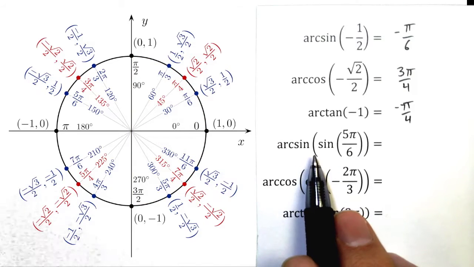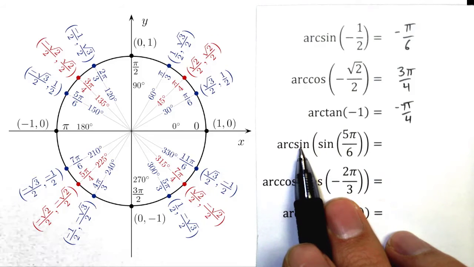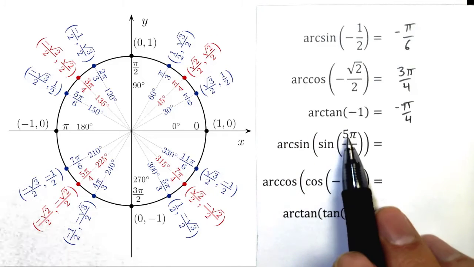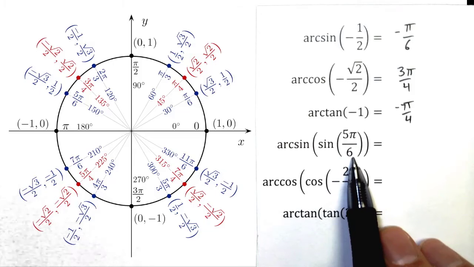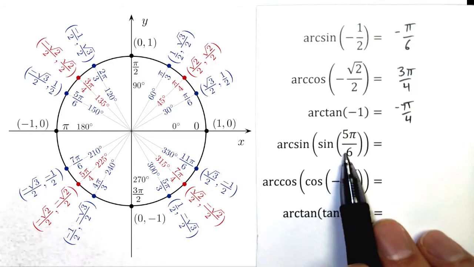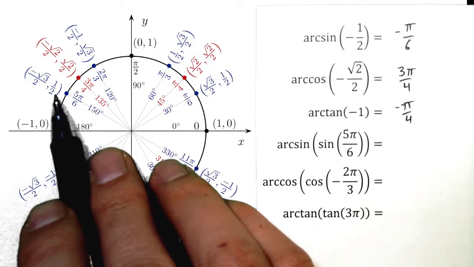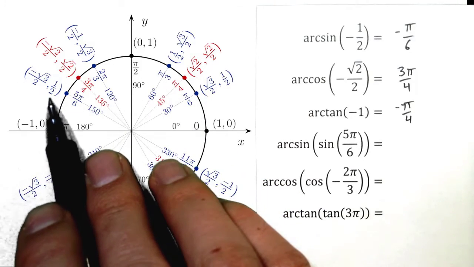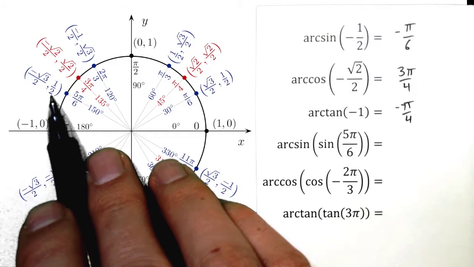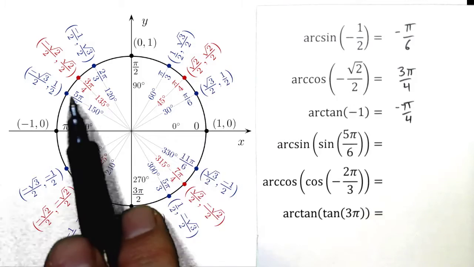Let's look at these next three here. Here I'm going to take sine of an angle and then take arc sine of it. Let's think about what happens here. If I take sine of 5 pi over 6, what am I getting? I'm getting the y-coordinate of the point at this angle. Well, let's see, 5 pi over 6 puts me here. What's the y-coordinate? It's 1/2. What's arc sine of 1/2? Well, there's 2 points who have y-coordinate 1/2.